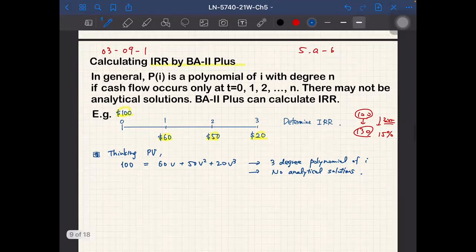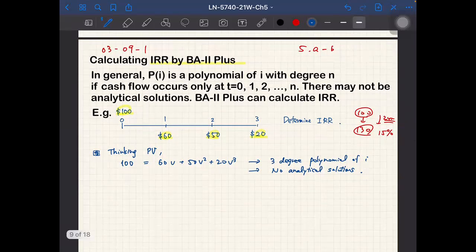So how to do this? We can use the cash flow function. At first we have to clear the memory. So in BA II Plus, at first we press the cash flow button. Cash flow is the second row and the second column, just the second one from the left and the second one from the top, CF.